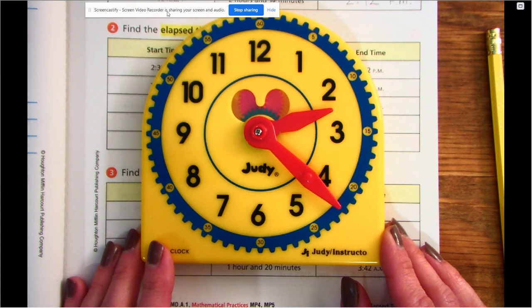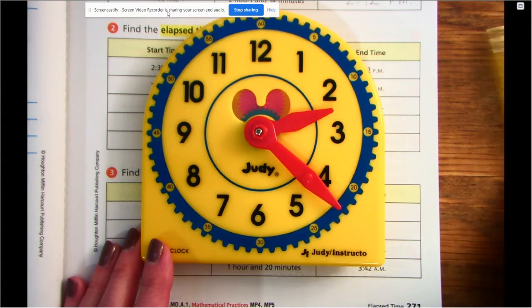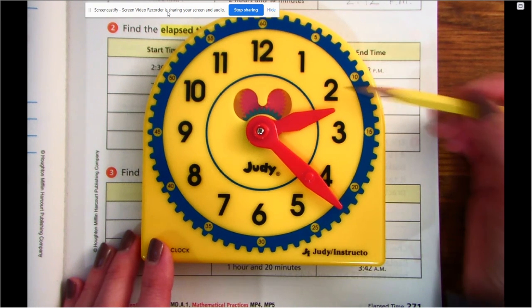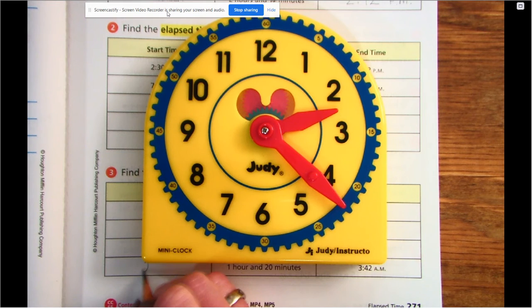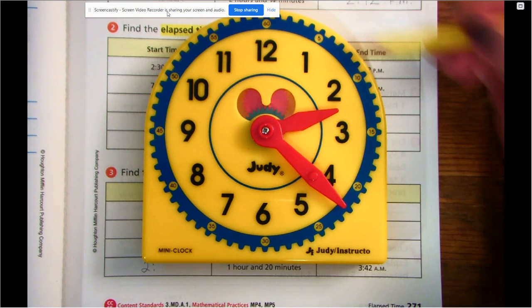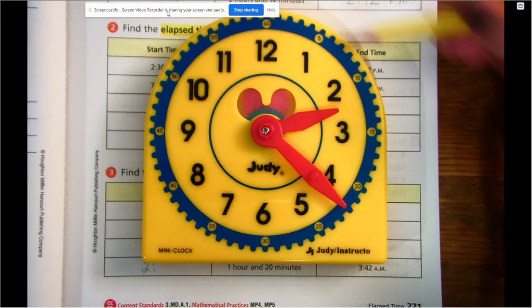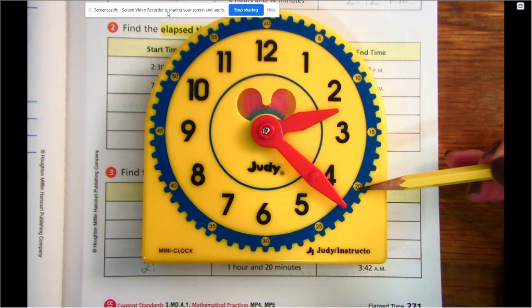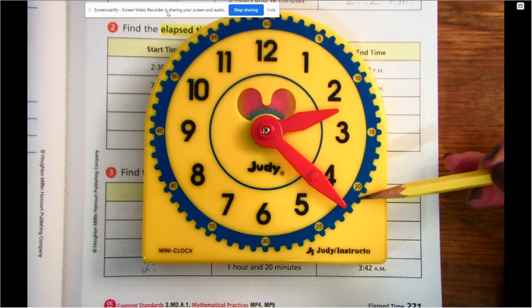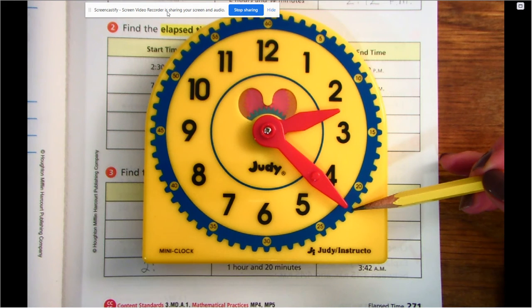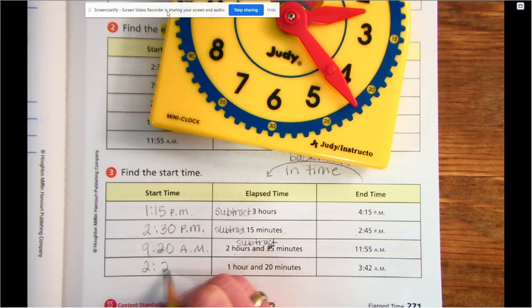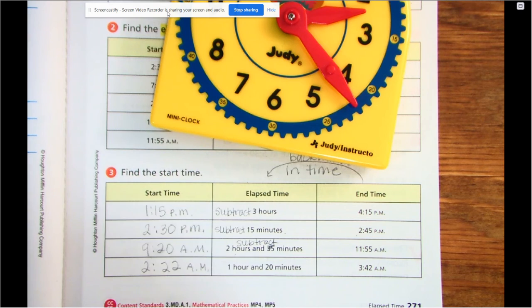Now, if you look at that clock, think about the hour first. It's between the 2 and the 3, so I know it's still 2 something. Think about my minutes. I know this is a quarter of an hour. There's 15, 20 minutes, 21, 22. So this is 2:22. Okay, we did not cross over the 12 o'clock hour.